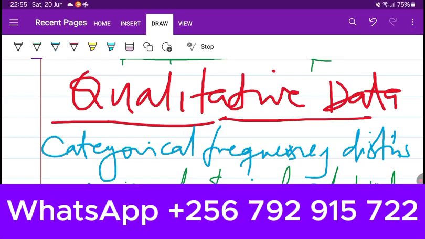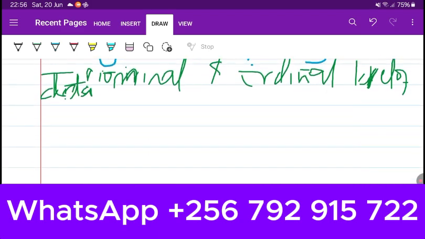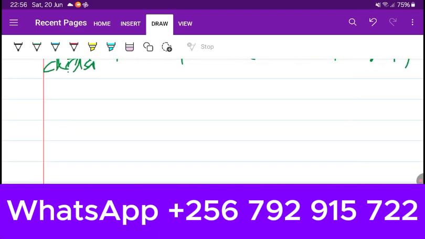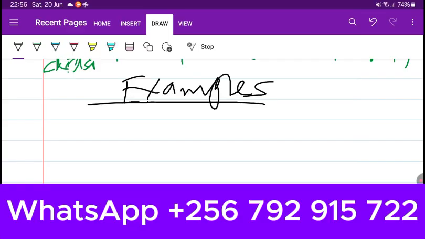So let's look at our first example. Maybe we first look at the blood type, because we said that blood type is categorical in nature. So let's look at the example.